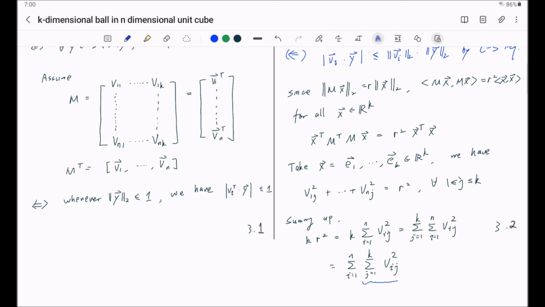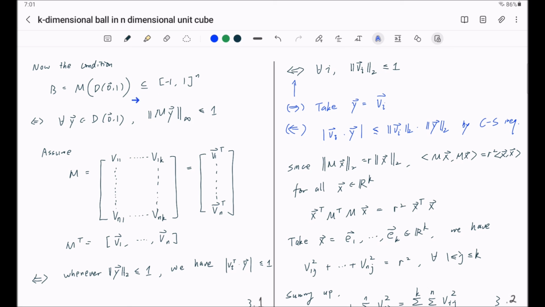Each of these sums will be bounded by 1, because this condition is equivalent to this: each vector Vi has 2 norm bounded by 1.